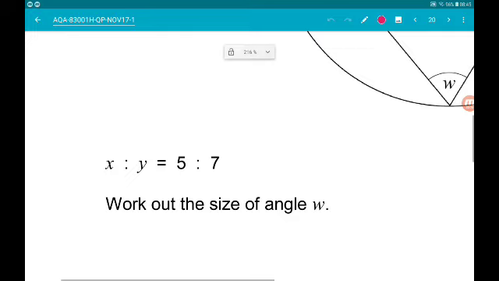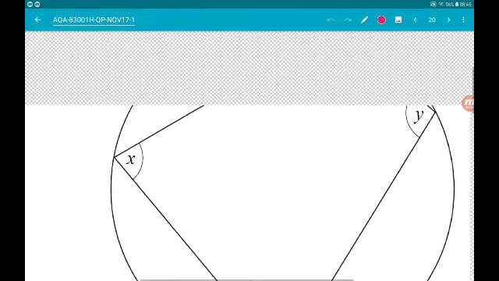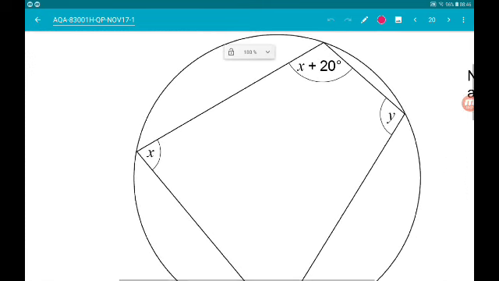We're told that x to y is 5 to 7, and we want to work out the size of angle W. Right, so what we need to know here is that opposite angles in a cyclic quadrilateral add up to 180 degrees.